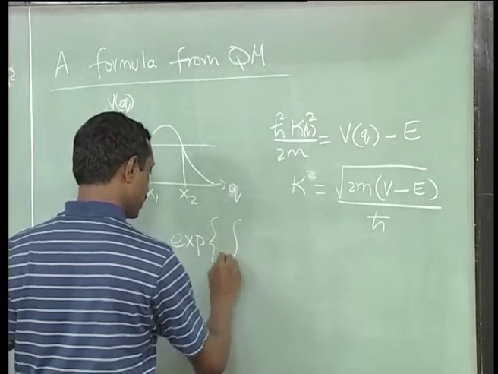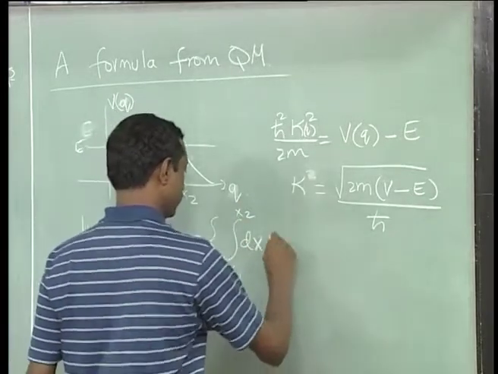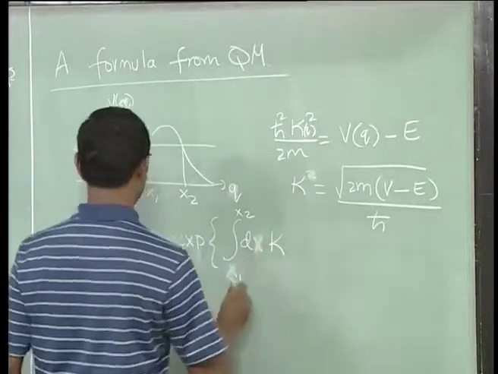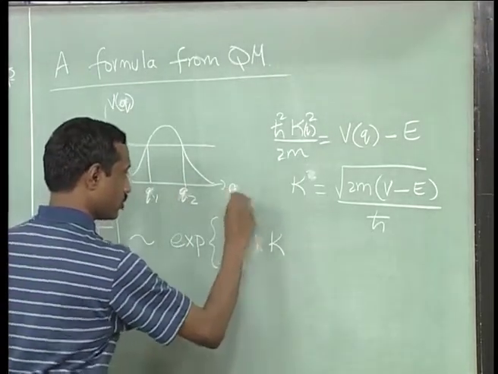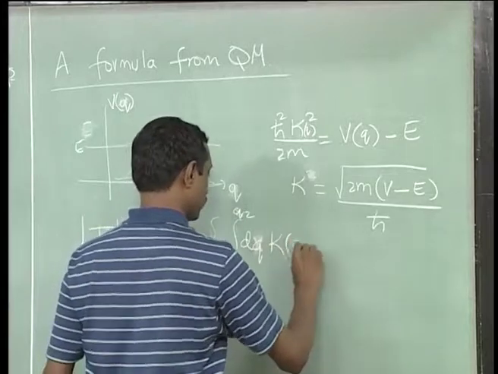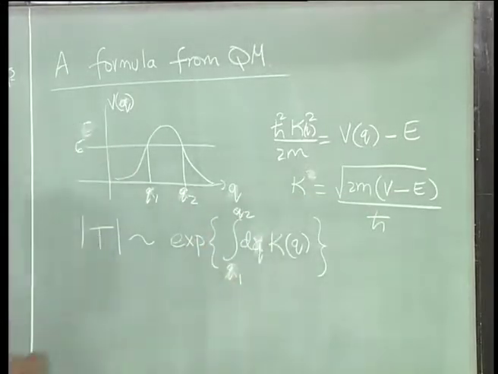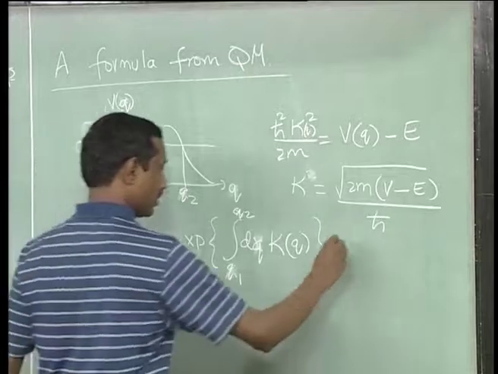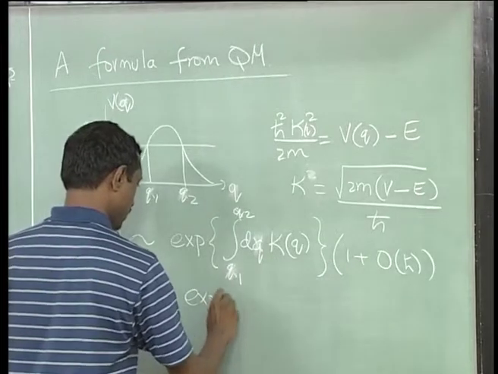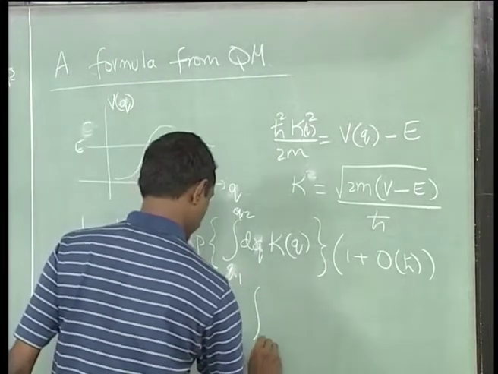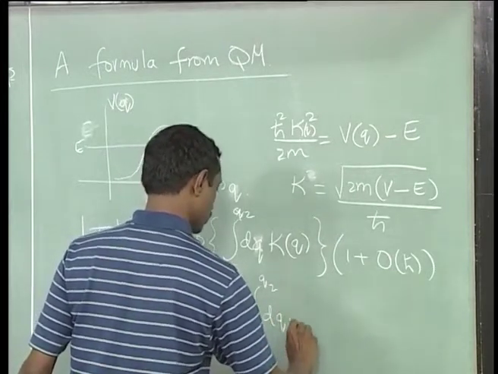This is proportional to the integral from x1 to x2 of dx kappa, which in terms of q is the integral from q1 to q2 of dq kappa of q. So it is the exponential of minus the integral of 1 by h bar, q1 to q2, dq root 2m(V minus E).